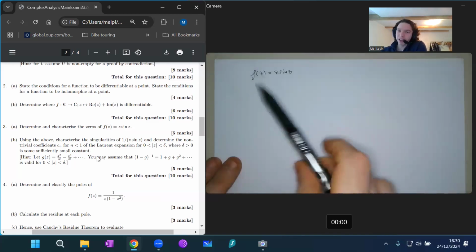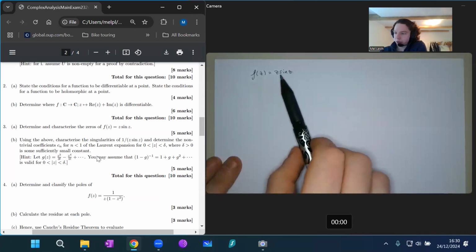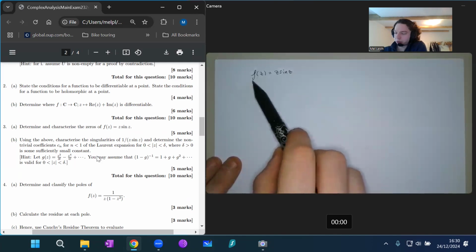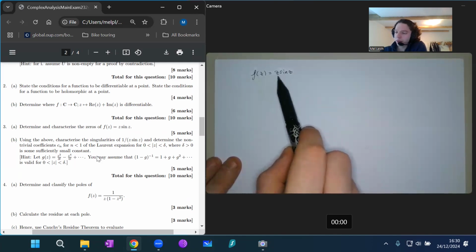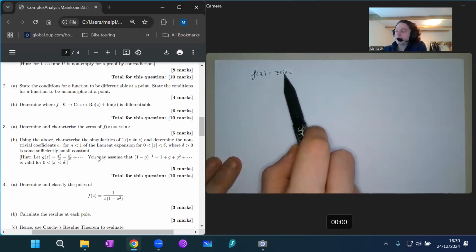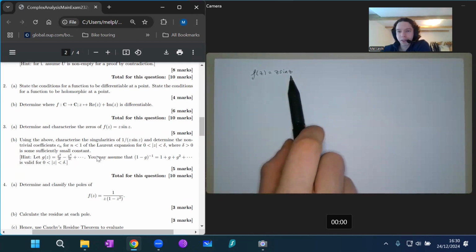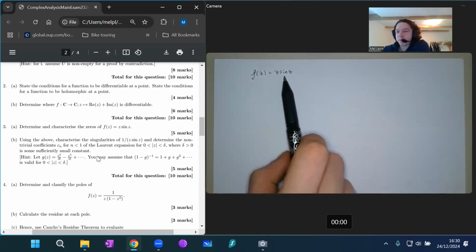I already have a bit of an intuition as to what's going to happen. Obviously, when z equals 0, we have a zero of order 1 from z, and it turns out that all of the zeros of sine z are of order 1. That's a good thing to keep in mind.